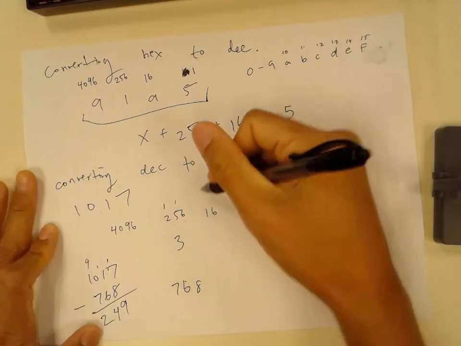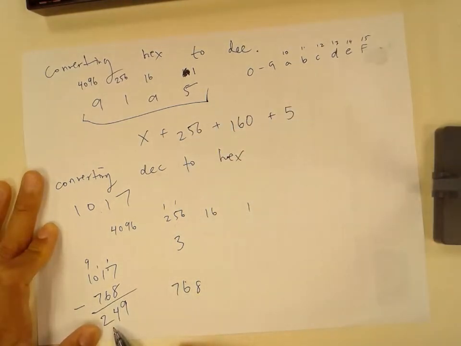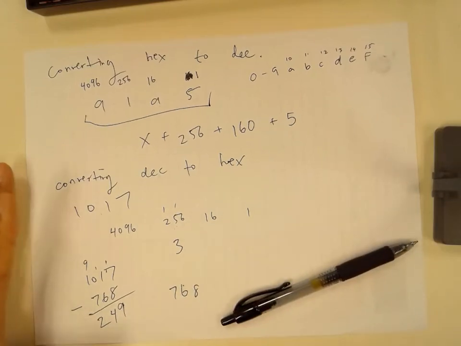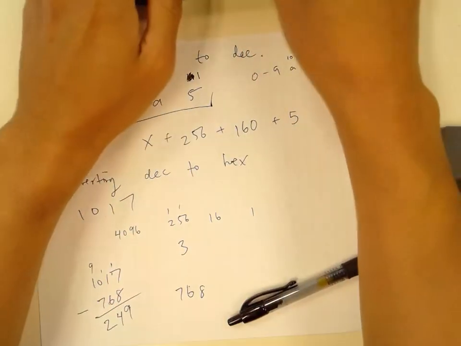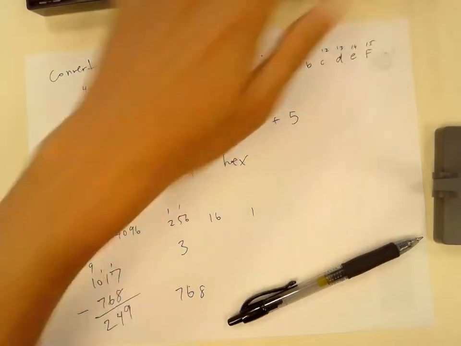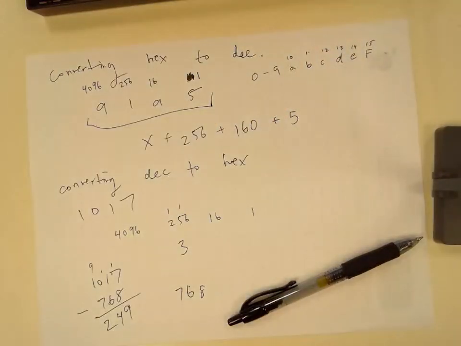And then you want to think about how many times 16 fits into 249. So you might need to break out your calculator, which is not working on my computer right now, but maybe I can bring up a calculator online and punch in some numbers. I'm going to do 16 times 9, which is 144.